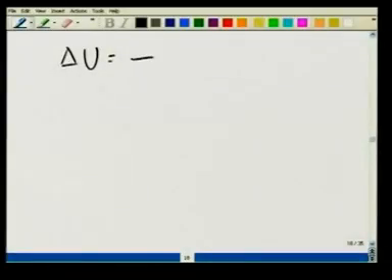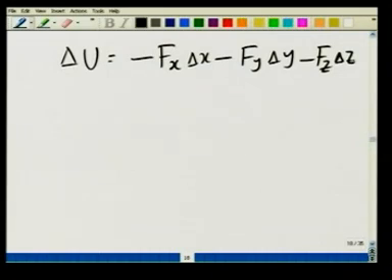Similarly, I can now write that delta u is equal to minus fx delta x minus fy delta y minus fz delta z. So if I am moving along the x-axis, the change in u is only due to the force component along the x direction, and therefore fx is equal to minus the partial derivative of u with respect to x.